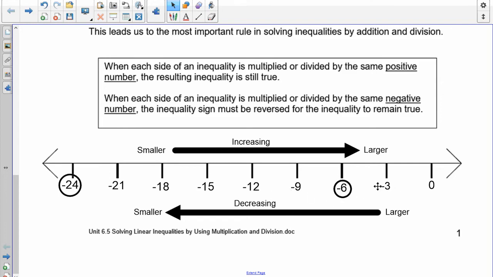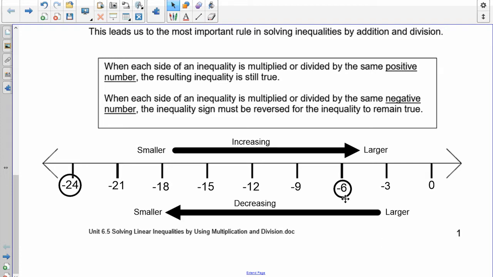Now, the thing you have to understand is as you go this direction, the numbers decrease in the amount that they have. As you go to the right, they increase. Now, that means that this side here is larger than this side as you go this way. So negative 24 is smaller than negative 6.